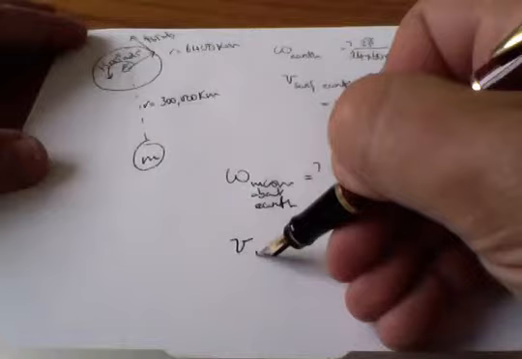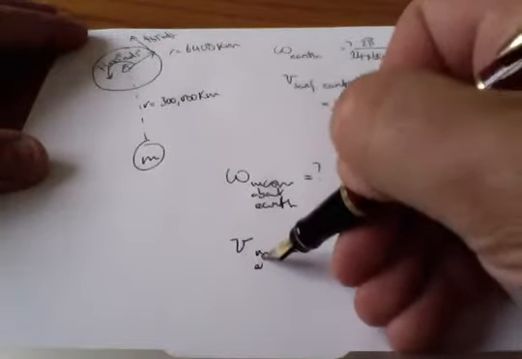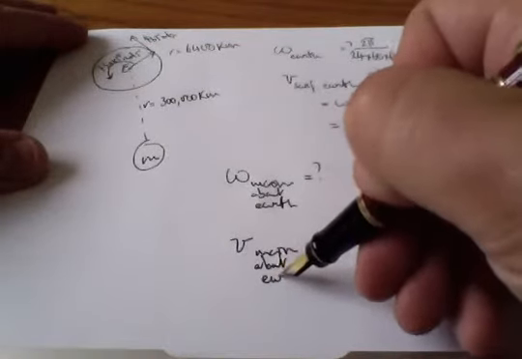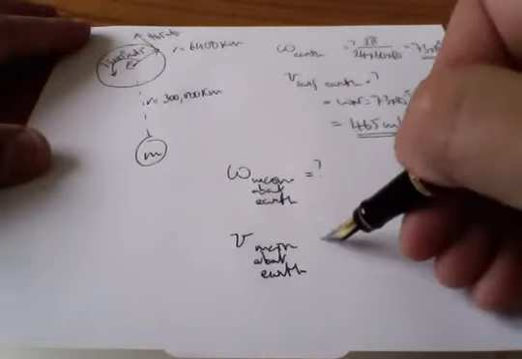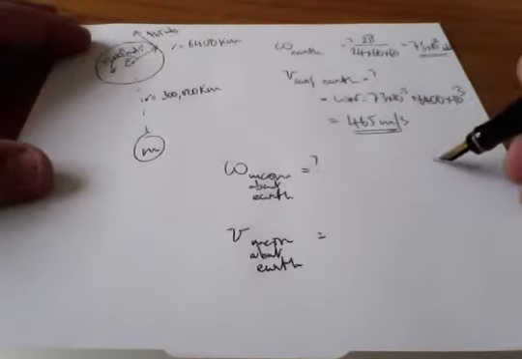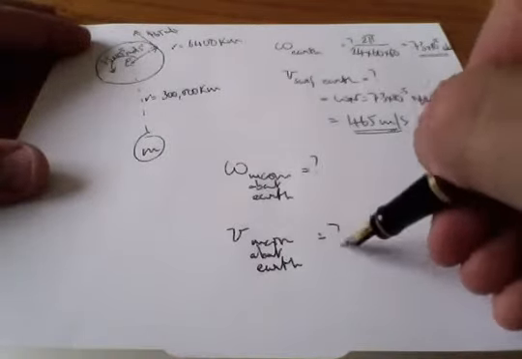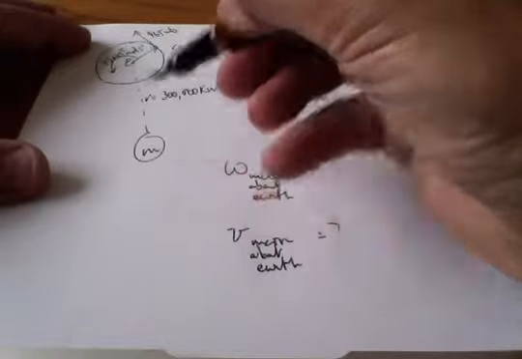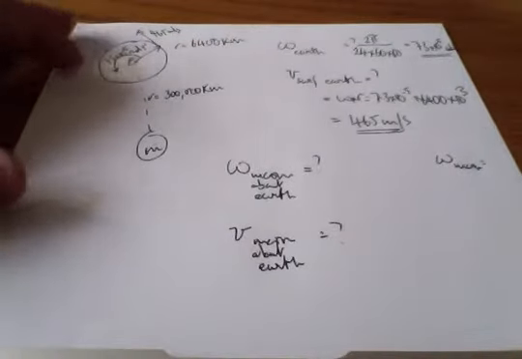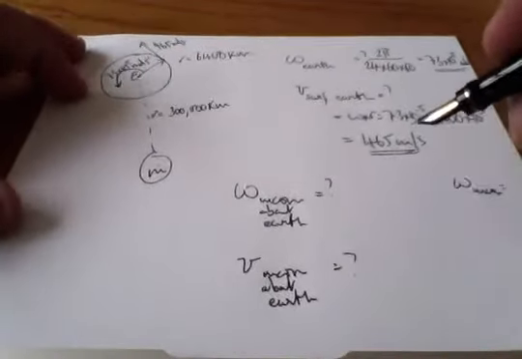What is the velocity of the Moon about Earth? And then finally, what's omega of the Moon moving around itself? Right, if you think you know the answers, hit pause, otherwise here come the solutions.